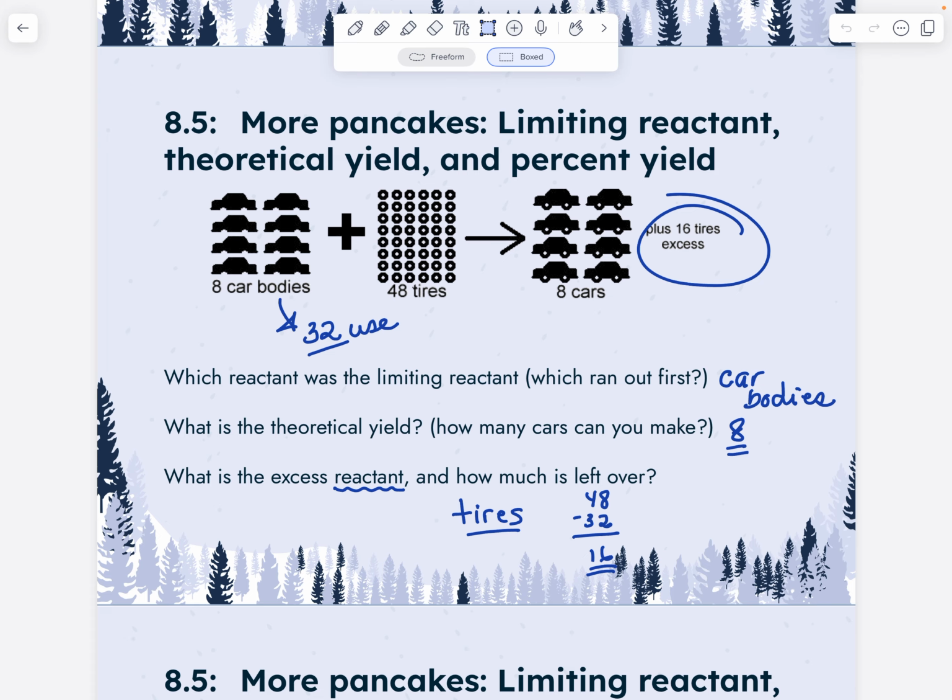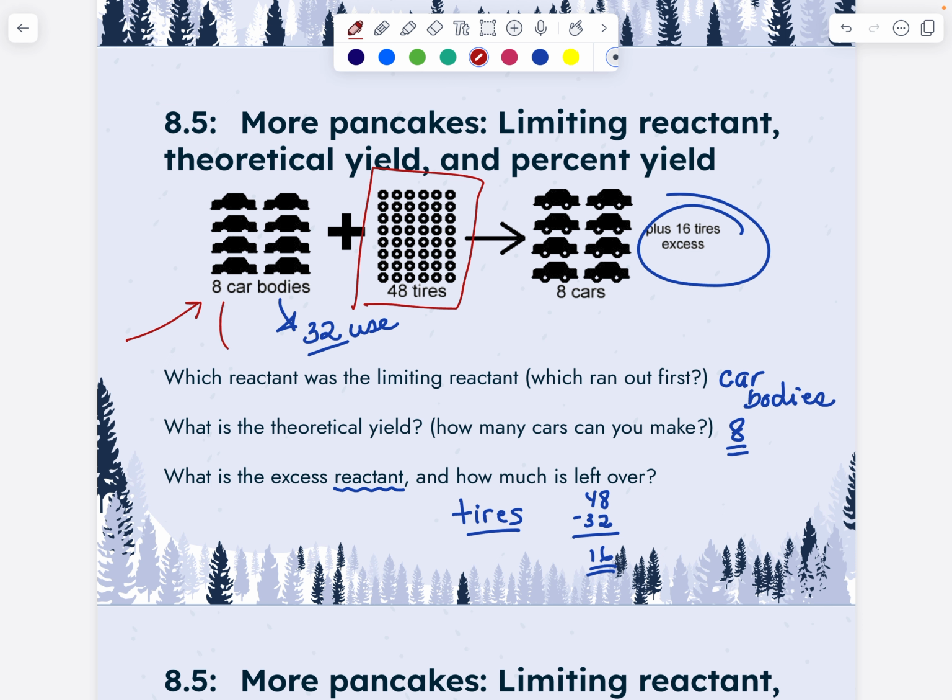But the question that we're going to keep asking ourselves over and over again is, do I have enough of the second reactant to use up all the first? That's the question that you're going to ask yourself every single time. So do I have enough tires to use up the 8 car bodies?